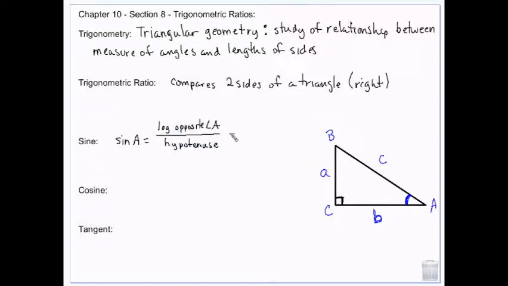Well, the leg opposite A is little a. So the sine of A is going to be A over C.